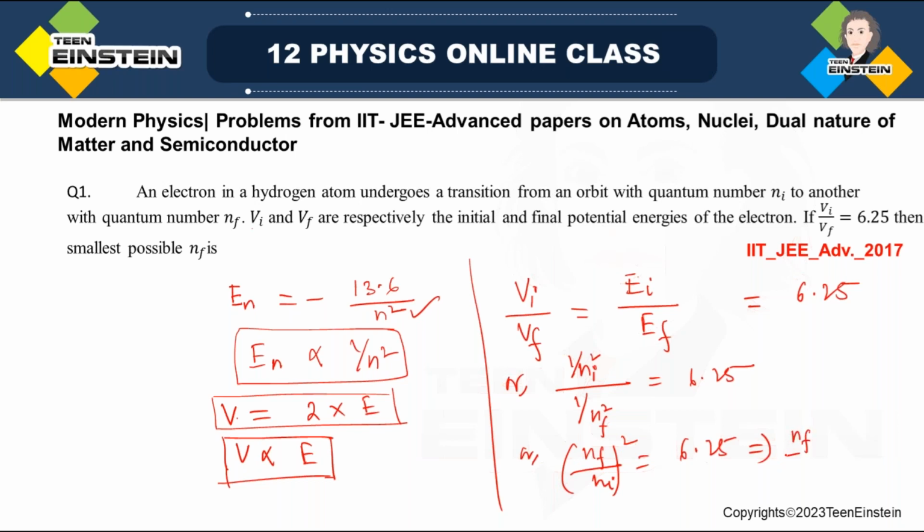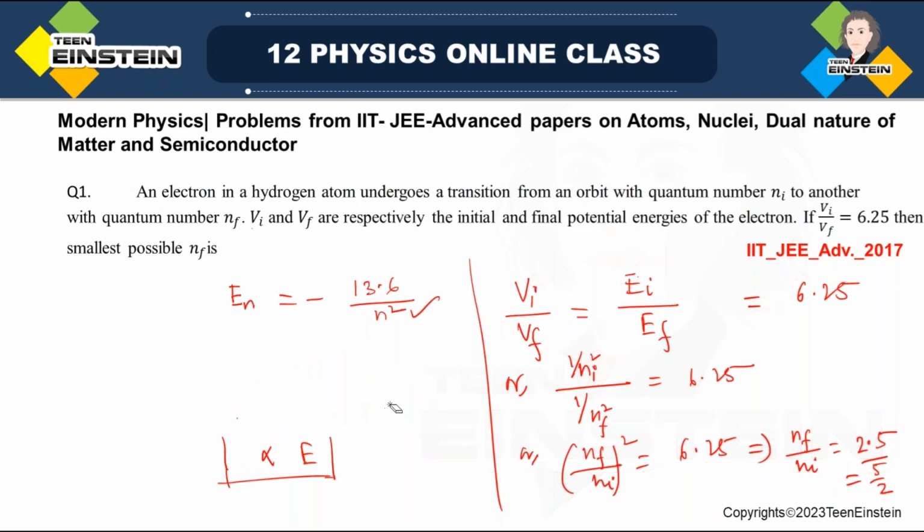So Nf by Ni will be 2.5. So this is the value. Now this can be written as 5 by 2 as well. So what we have got is Nf by Ni equal to 5 by 2.